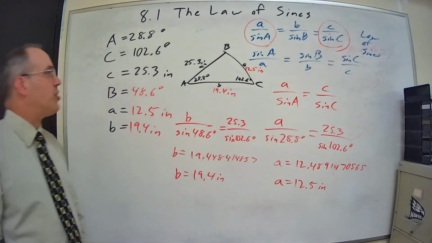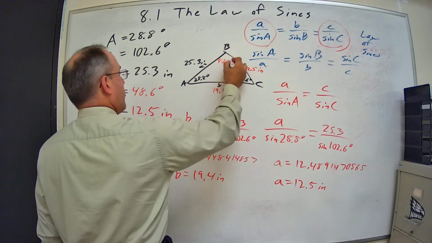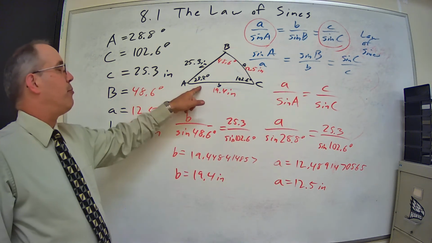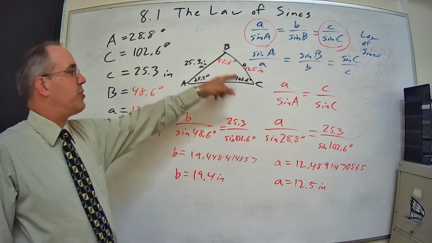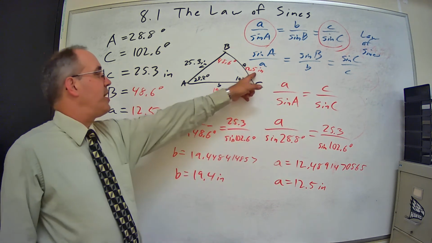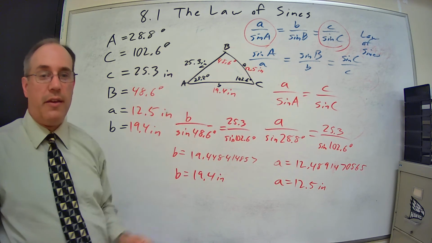And we have now solved this triangle. I should put this angle in here, 48.6 degrees. We now know all three angles, 28.8 degrees, 48.6 degrees, 102.6 degrees. We know all lengths of sides, 12.5 inches, 19.4 inches, 25.3 inches.